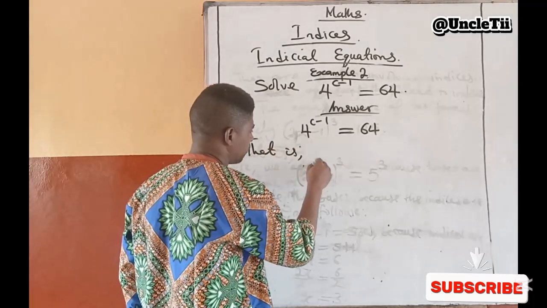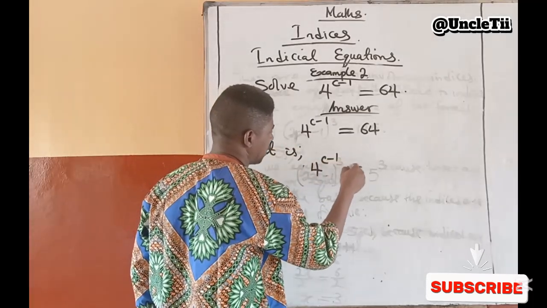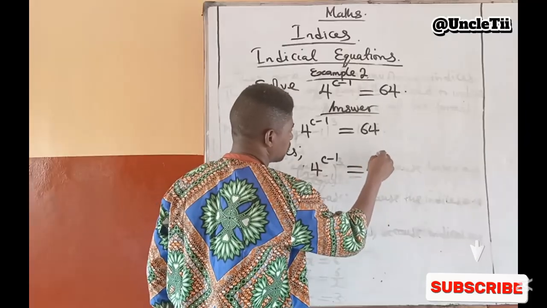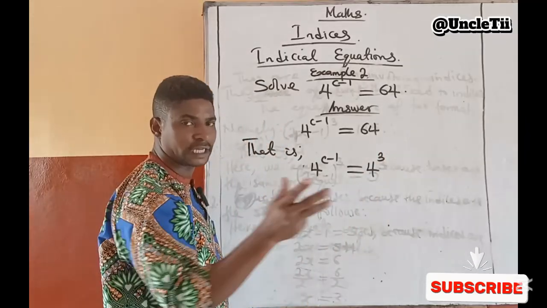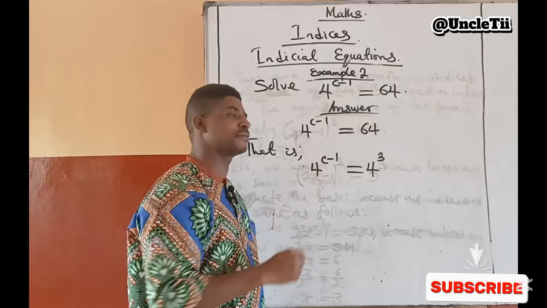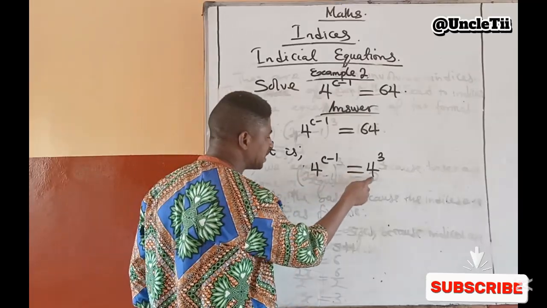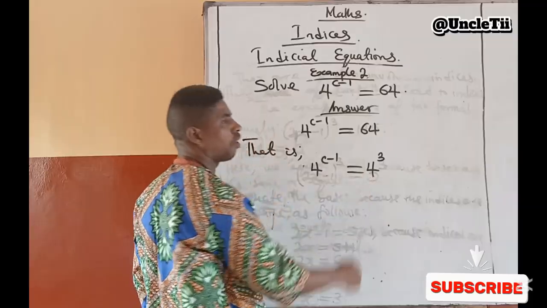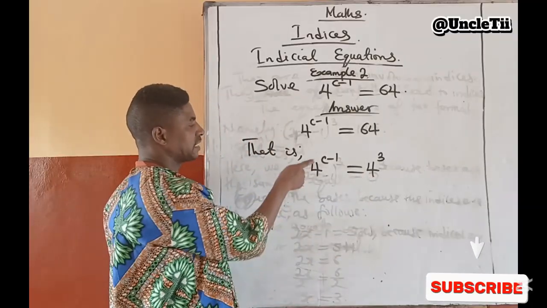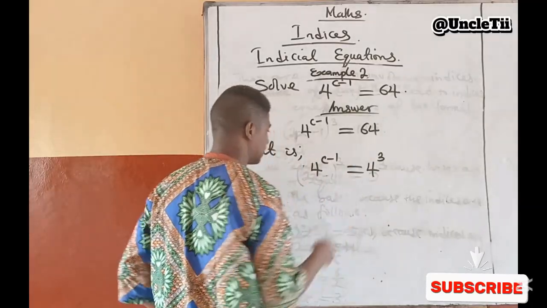That is 4 raised to power c minus 1 is equal to 4 raised to power 3. 4 times 4, 16. 16 times 4, 64. So you notice here now that it is the bases that are equal or the same. We can therefore equate the indices.